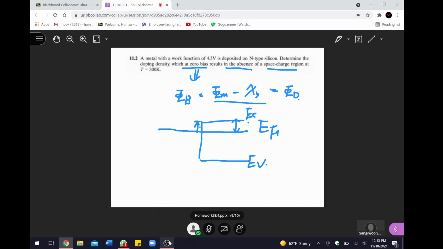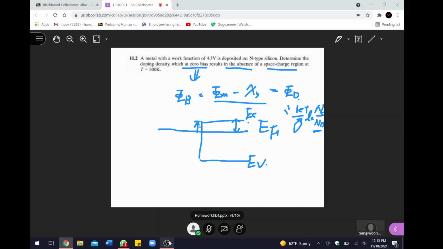Let's say if I put this one as phi_D, that is the same. And this is the same as kT over q, ln of Nc over Nd. So that will answer this Nd for this question.